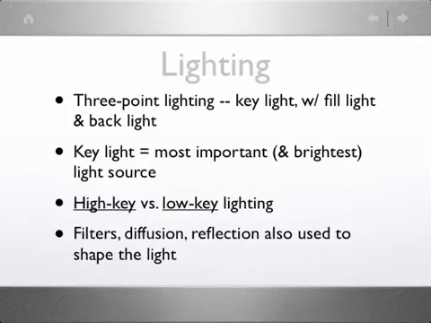Filmmakers use all sorts of different things to modify the light and to alter the light and shape the light to make it exactly the right quality of light that they're looking for in a particular shot. There are all kinds of filters that are used, diffusion, or things that can be put in front of the lighting instruments to make light less harsh, reflection, things that allow light to bounce off of, or that are used to bounce light from one lighting instrument onto other objects, and so forth.